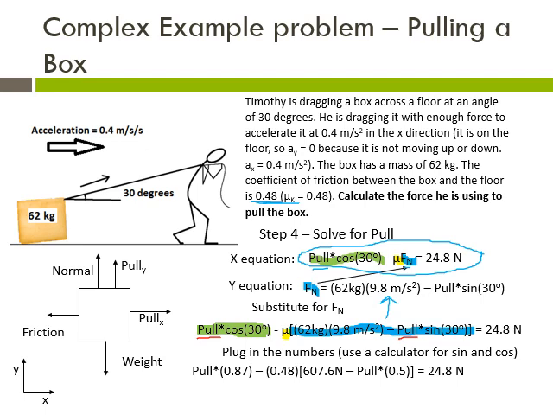And mu, our coefficient of friction, was 0.48. Let's go in order. I'm kind of rambling here because I'm getting a little excited. Cosine 30, right here, 0.87. Mu, right here, 0.48. When you take 62 times 9.8, that gives you 607.6.